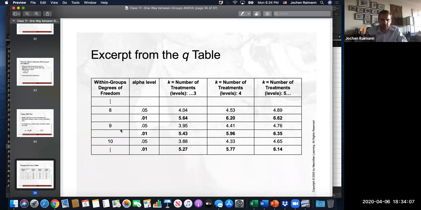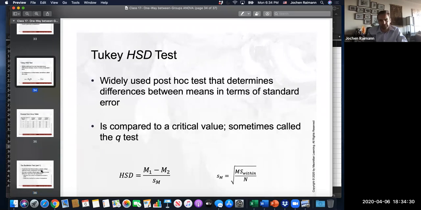So you have this Q table, and again, we have the within-groups degrees of freedom of 9, and degrees of freedom of 3 at the treatment level, the number of groups. We have a Q of 3.95, which is the critical value, and calculating it for Tukey, we could do that now, but I don't think there's much purpose at this point.